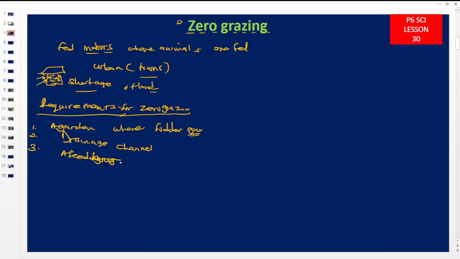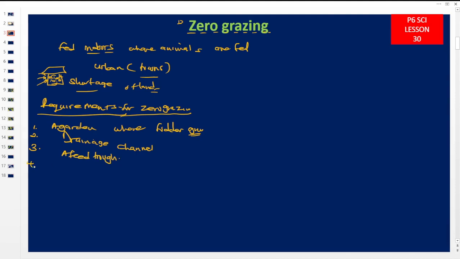Let me rub this one so that you see the spelling clearly. So you have to have a feed what? Not a feeding, but a feed trough. Number 4, you have to have a water trough where you put water for the animal. Then number 5, you should have a well constructed shed, so that these animals don't stray.